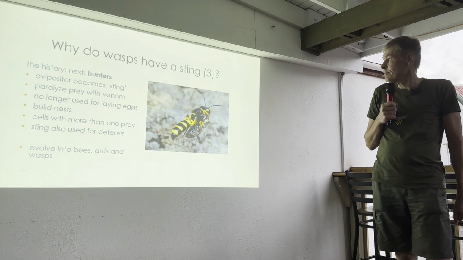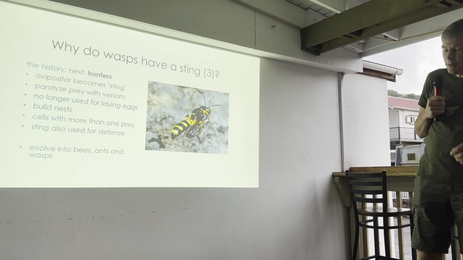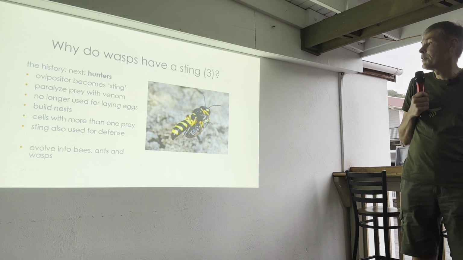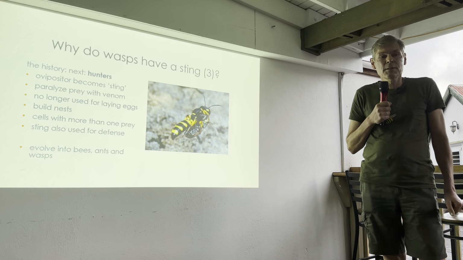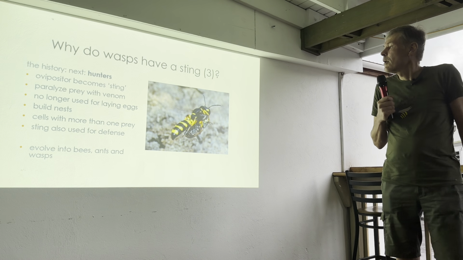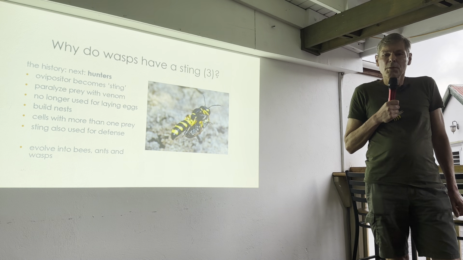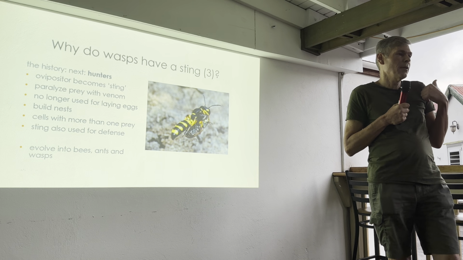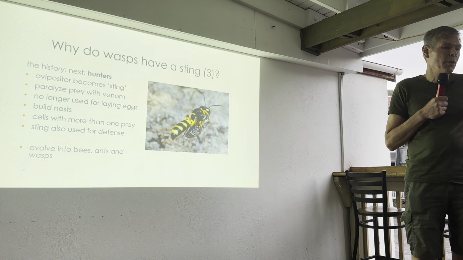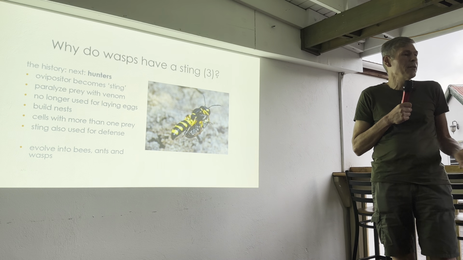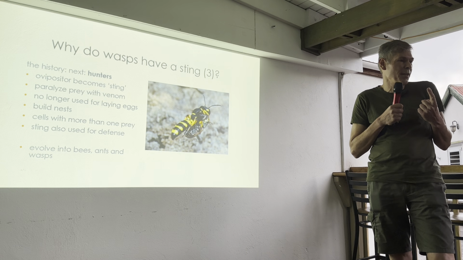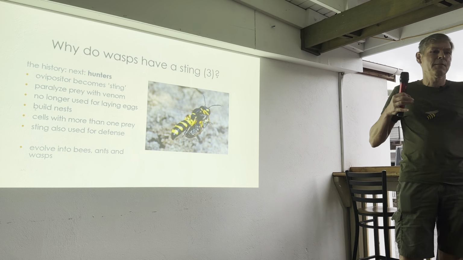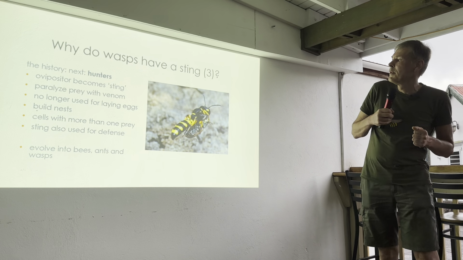Yes, next. But then the next step in what we call evolution is that some wasps, well, the problem with the former, the parasitoid wasp, is that they have one prey, and the prey should be big enough for the larvae to develop. There's only one animal as prey, so they always have to have a big prey.